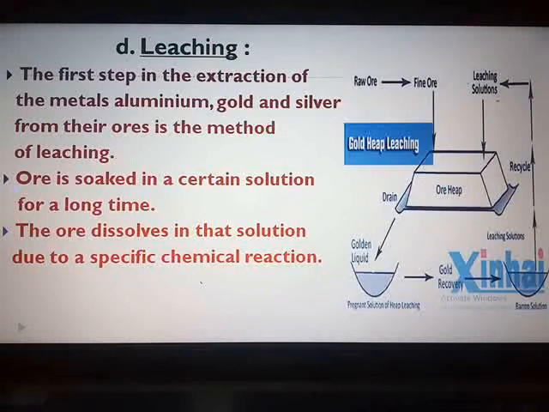Our next topic that we are going to start in the next session will be the next stage in obtaining the pure metal from the ore, and that stage is extraction of metals. Now, extraction of metals you are going to study for three different types of metals: reactive, moderately reactive, and less reactive.